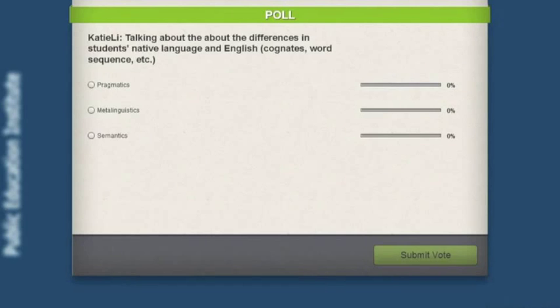Denzel, if you can load the next one. So talking about the differences in students' native language and English. So we're talking about how there are cognates between Spanish and English. There are word sequences, things like words for sequence telling and things like that.